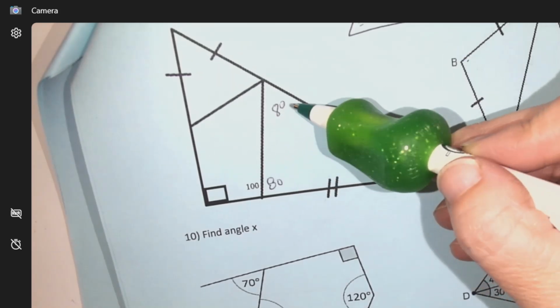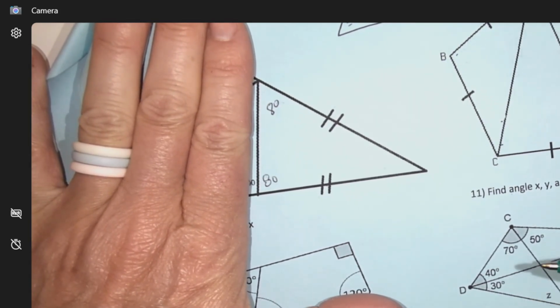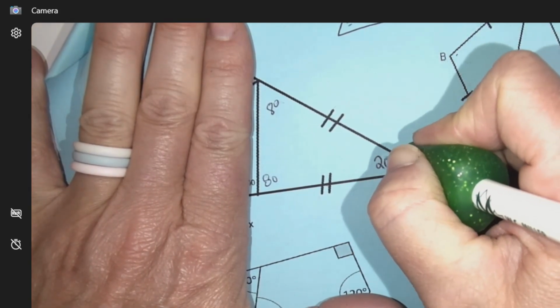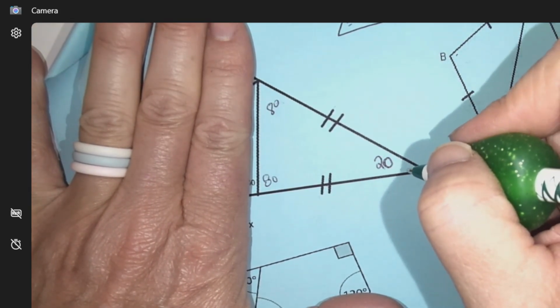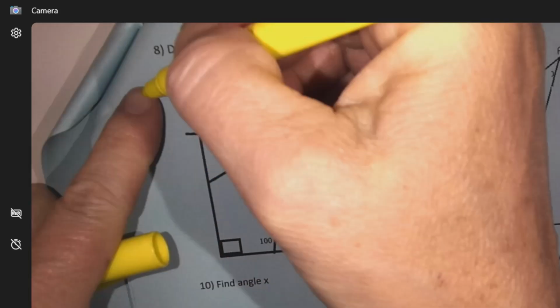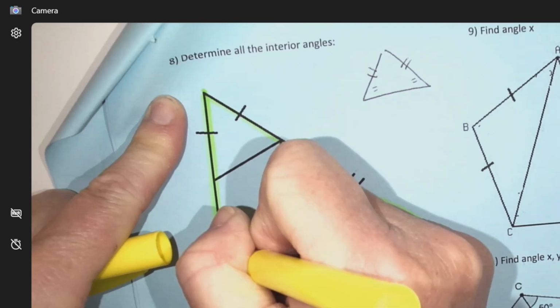Okay, then within just this triangle, 80 plus 80 is 160. So 20 more. Okay, now I need your eyes to be on the whole entire triangle.